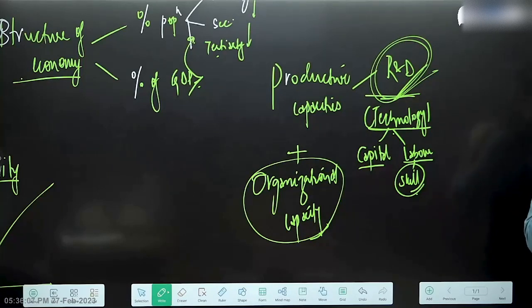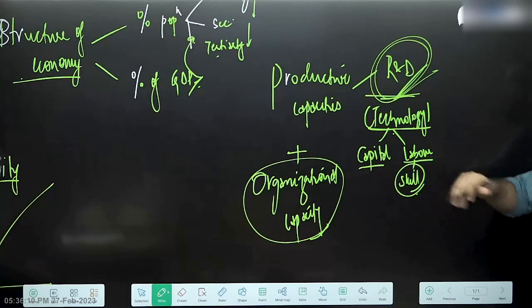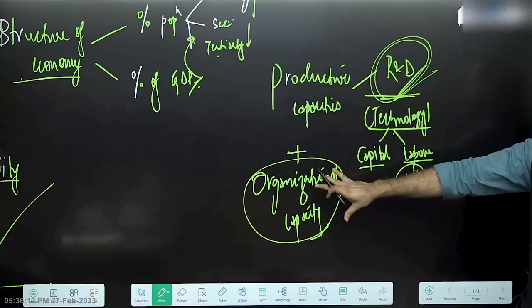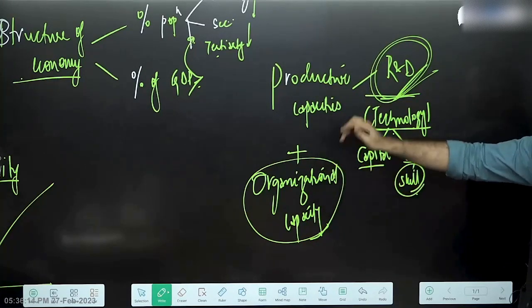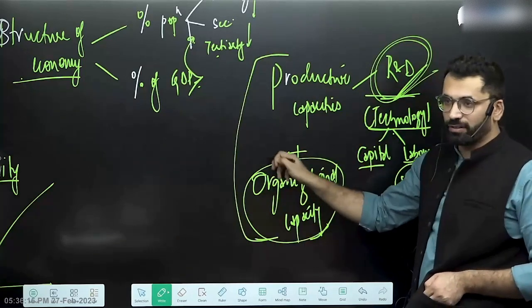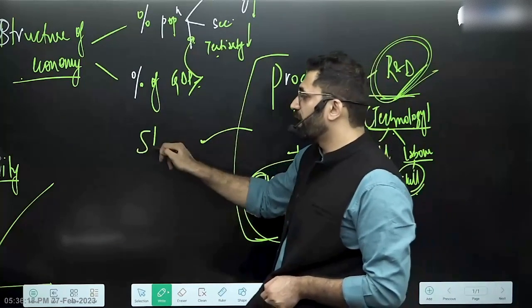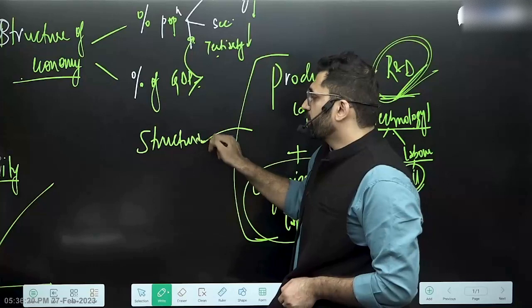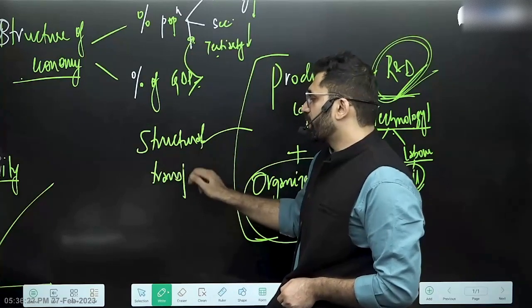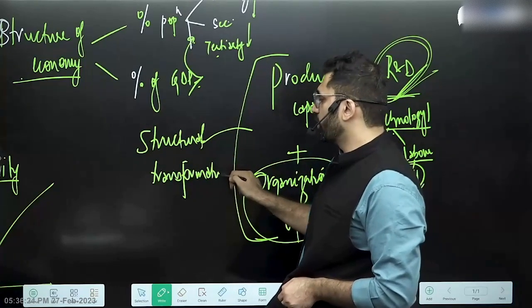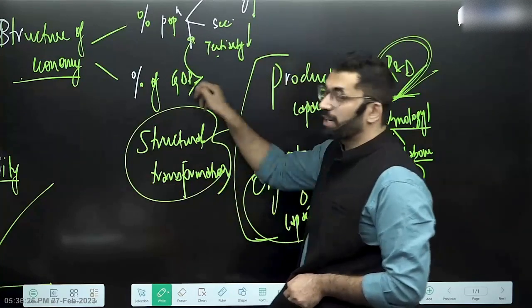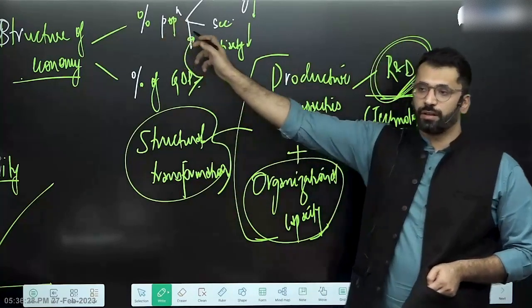This is what brought in the first industrial revolution. It's not just the technology, but also how you use all the technology in the factory. This is what productive capacities and organizational capacity are going to bring in the structural transformation. From where is your GDP coming and where is your population organized?